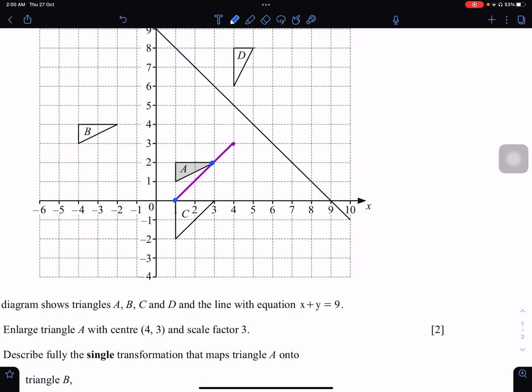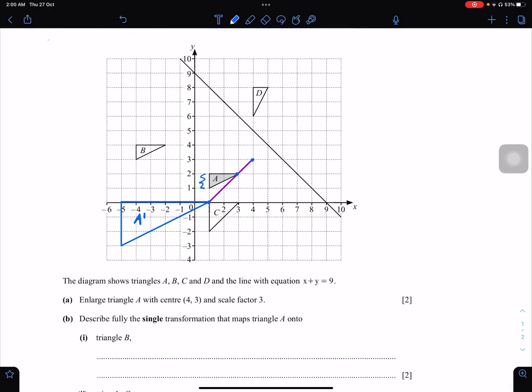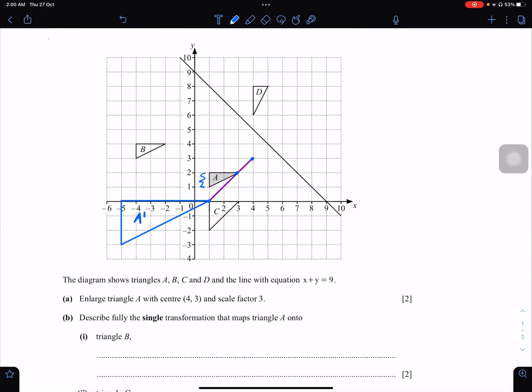So from here I can just make 6 units, 2, 3, 4, 5, 6 units. And then this length, which is 1 unit, is going to become 3 units, so 3 units in this direction. And finally, I'm going to connect this point. This will be the enlarged figure, call it A dash, which has a center of enlargement at 4, 3. That answers your first part of the question.